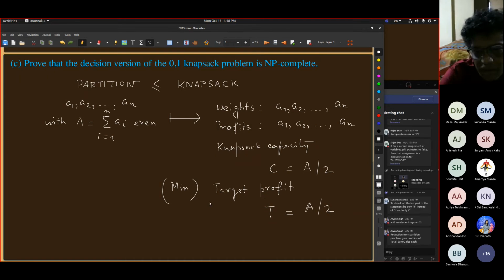And since this target profit is achieved, that means that summation of Aij, j equal to 1 to k, should also be greater than or equal to T, which is equal to A by 2. So therefore, less than or equal to A by 2, greater than or equal to A by 2, it has to be exactly equal to A by 2. So that subcollection solves the partition problem. Yes or no?